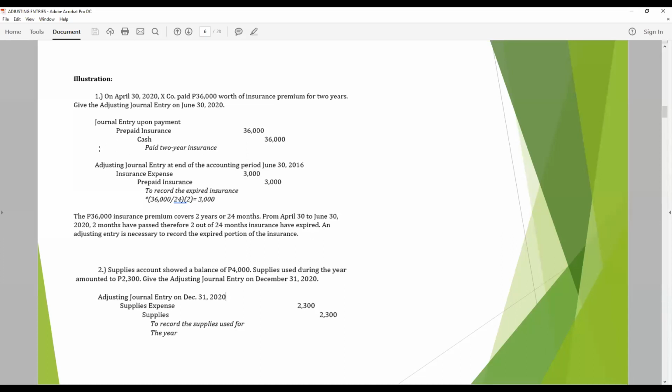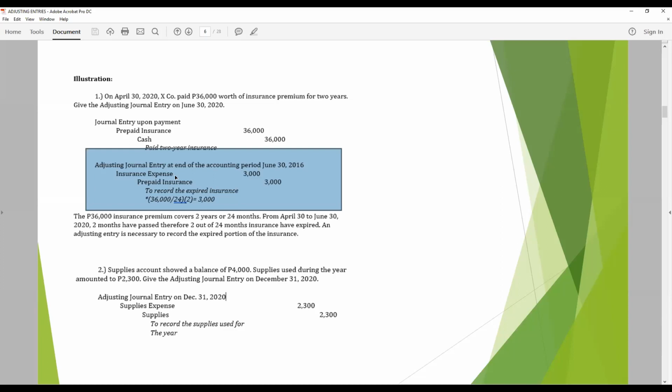So kung hindi kayo nag-adjust ng books, hindi nyo ni-recognize to, overstated ang asset nyo sa financial statements. Understated naman ang insurance expense nyo or ang expense accounts nyo sa financial statements.